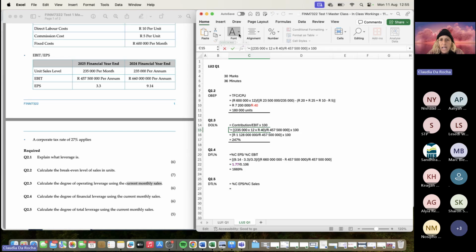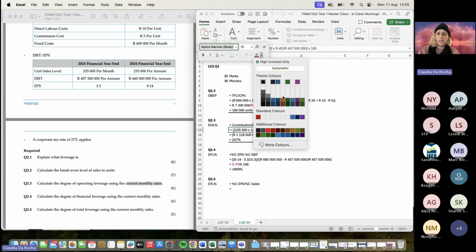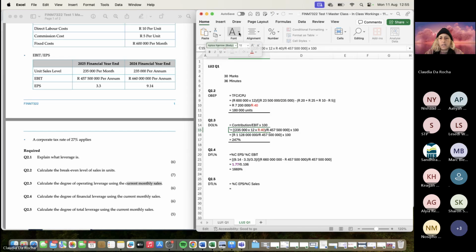Let me just track the colors because I didn't do that. Okay, so we had the 1.77. Hey guys, here I've made an error.